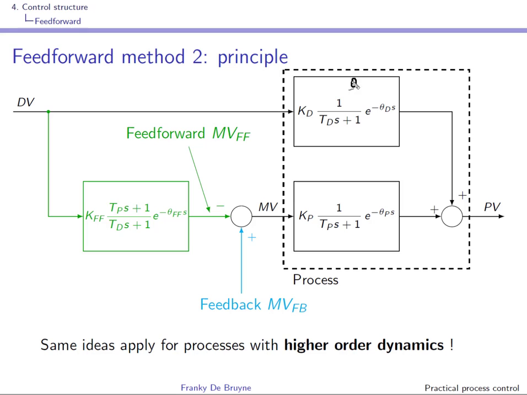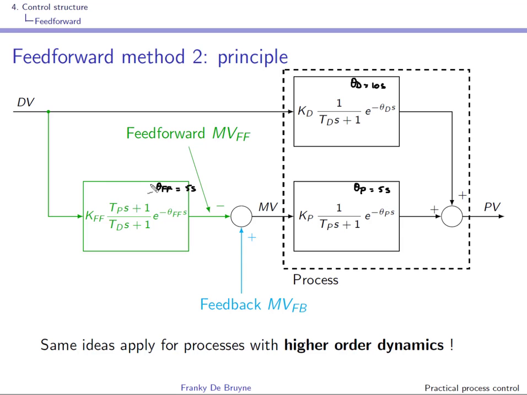For instance, if theta d is equal to 10 seconds and we have here a delay in the process of 5 seconds, well, it makes sense then to make sure that we have a feed forward delay that is 5 seconds, right? It will be theta d minus theta p is 5 seconds. It's positive, so we keep the value.